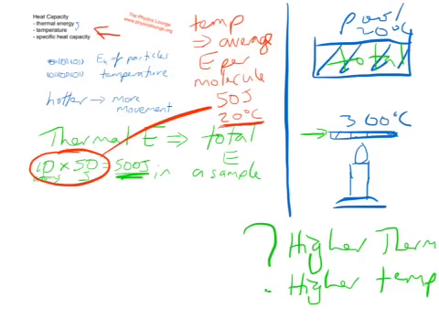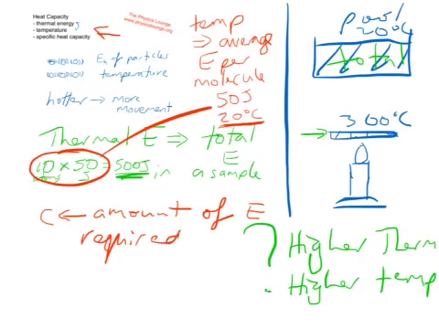So you have a symbol C, not to be confused with the speed of light, and this is the amount of energy required to raise a sample, let's say 1 kilogram, because that's a standard measurement, to raise 1 kilogram by 1 degree Celsius.